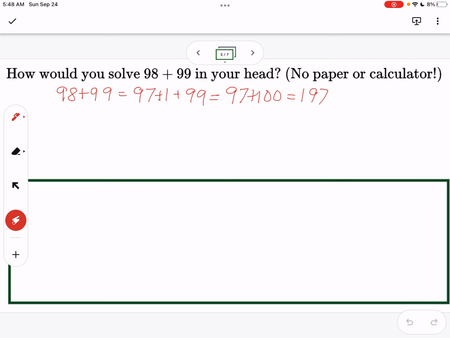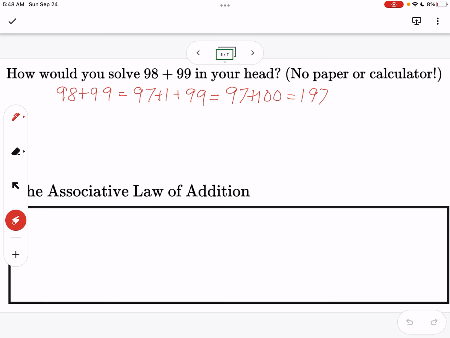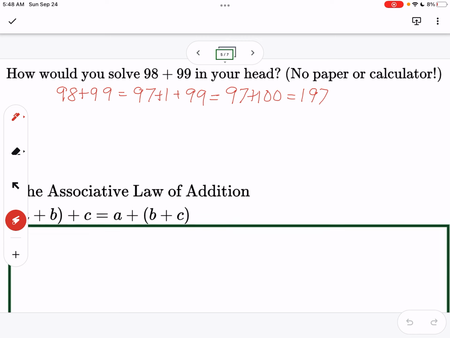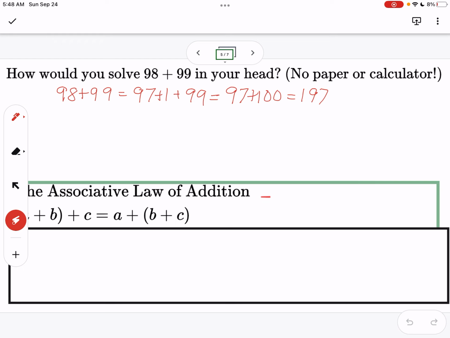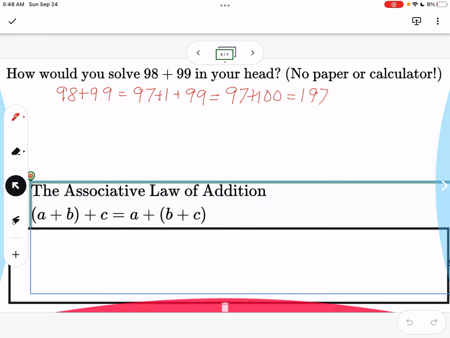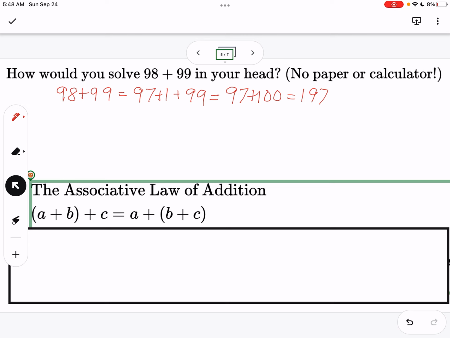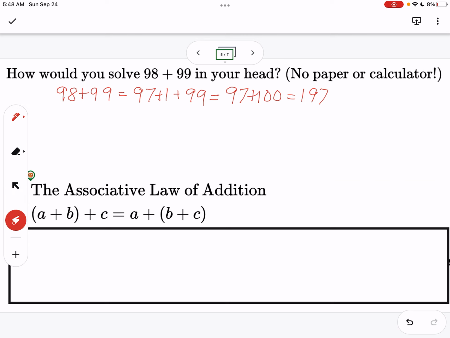This is called the associative law of addition. And it just means that if I'm adding numbers, I can add them in whatever order I want. So I can add A plus B first and then add C. I could add B plus C first and then add A. The commutative law of addition with this actually tells me I can add A and C first and then add B. If I'm adding numbers, I can add them in whatever order I want.